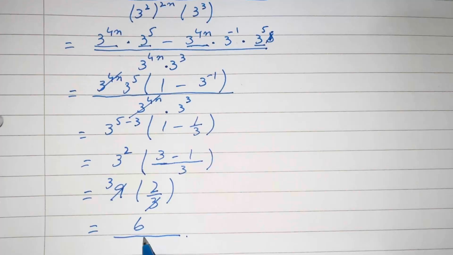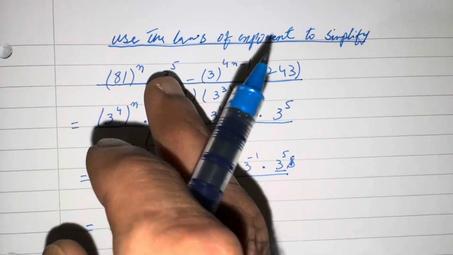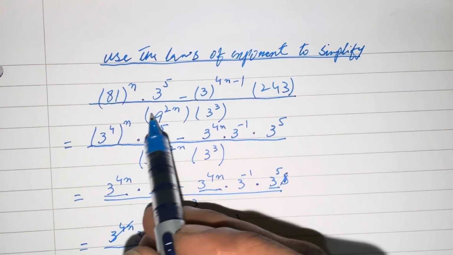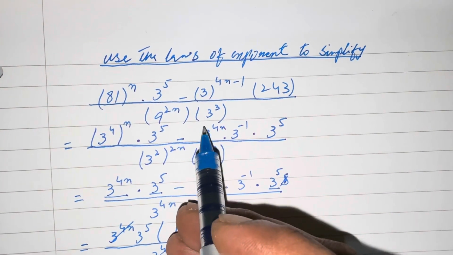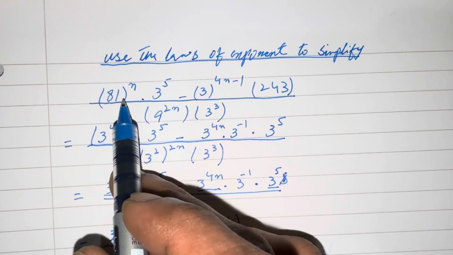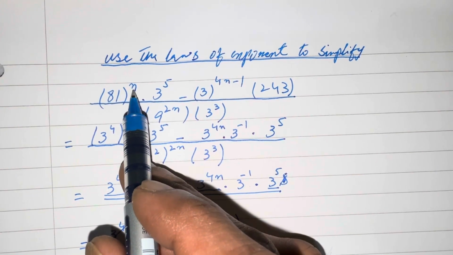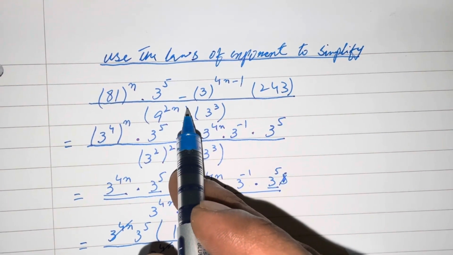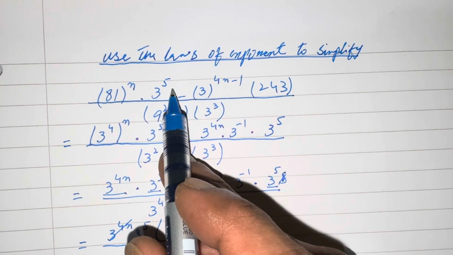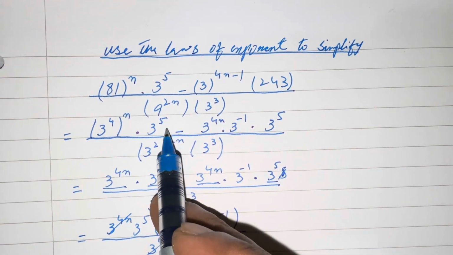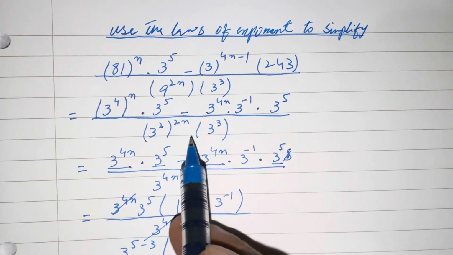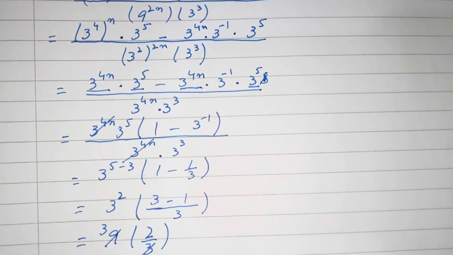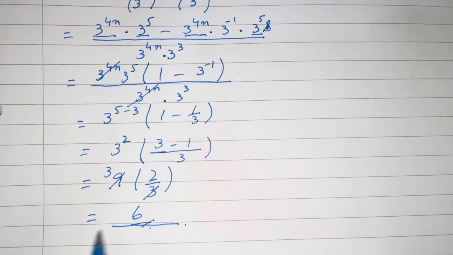So that's the answer of this expression given in the form of these values. We had powers in n forms and some numbers, so at the end after the simplification we found the answer, that is number 6.